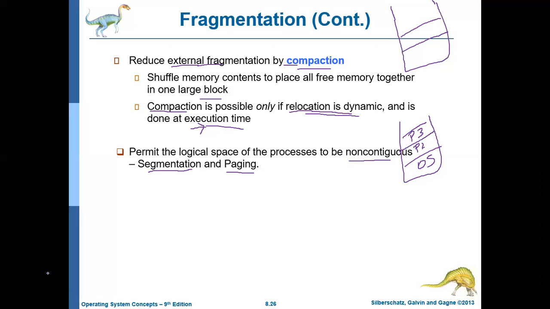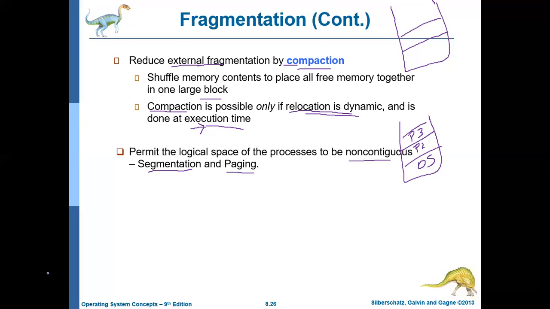Compaction means moving all the allocated memory to one end and all the free memory to another end, so that when a new process comes, you can allocate memory to the free locations. But compaction is possible only if relocation or binding is done at runtime, at execution time.